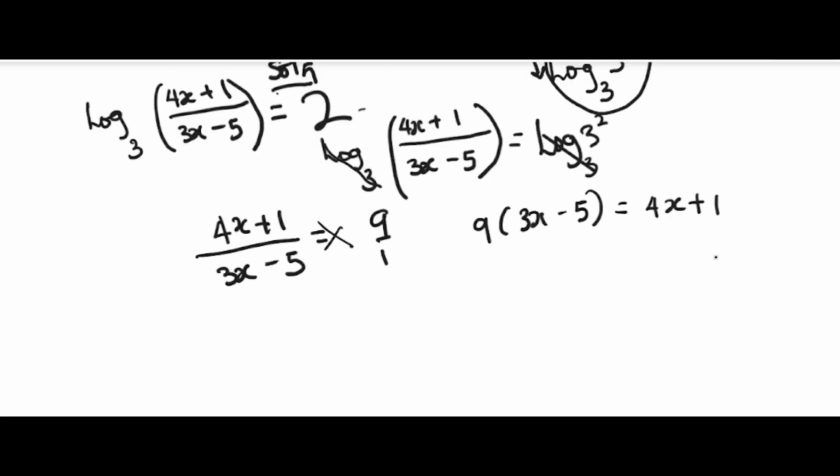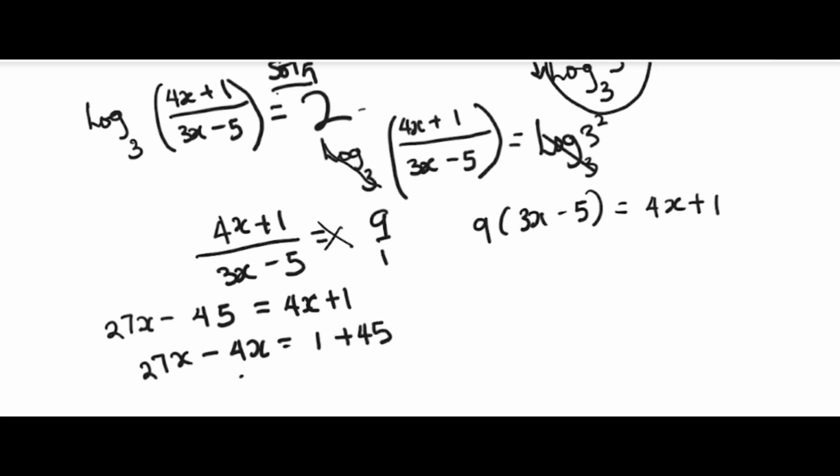So when we open up the bracket, 9 times 3 will give us 27x minus 45 to be equal to 4x plus 1. We collect like terms. So collecting like terms, we'll have 23x is equal to 46. So since we're looking for x, we divide both sides by the coefficient of x.